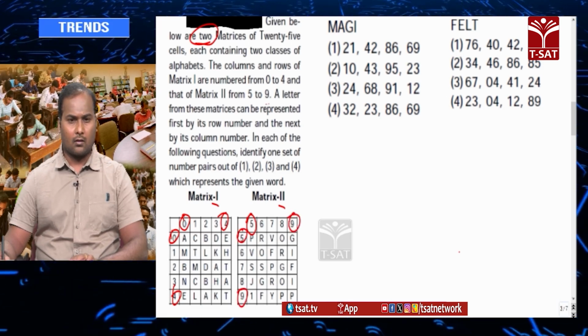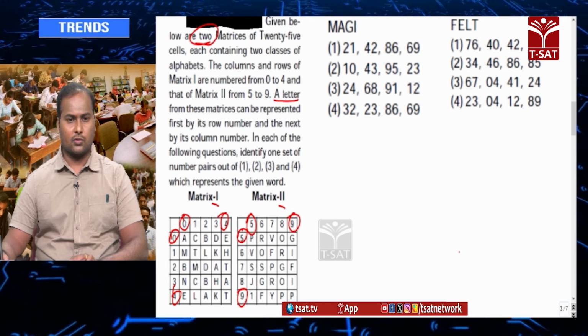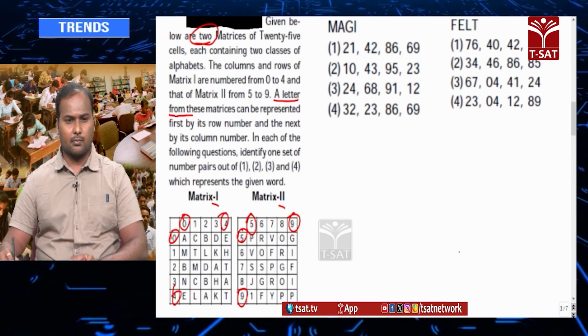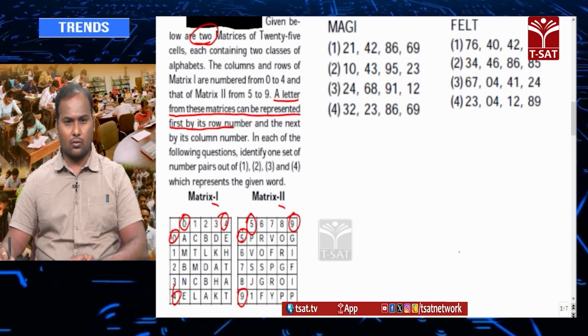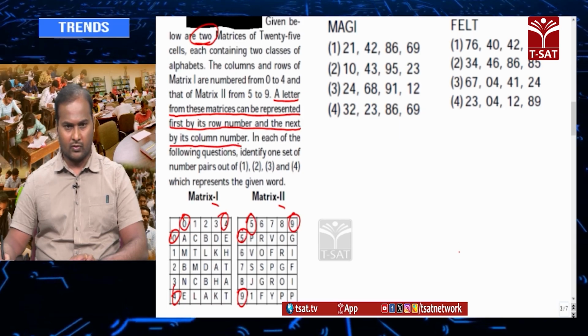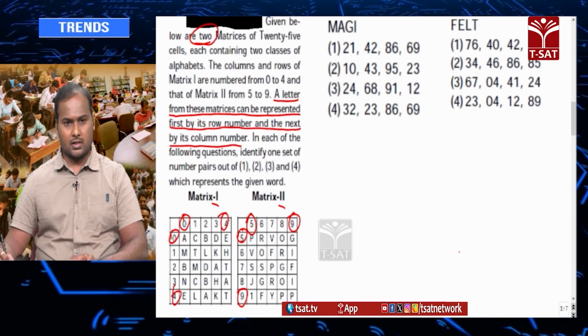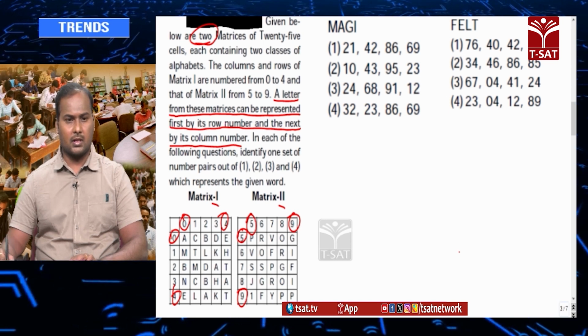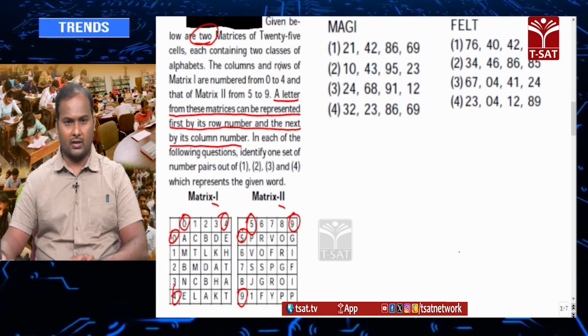A letter from these matrices, this is very important, you underline it whenever you see this question: a letter from these matrices can be represented first by its row number and next by its column number. That's what he is saying. Any letter in these matrices is first represented by its row and then by its column number.